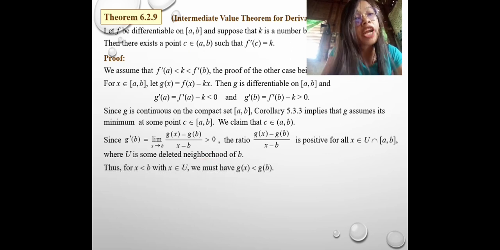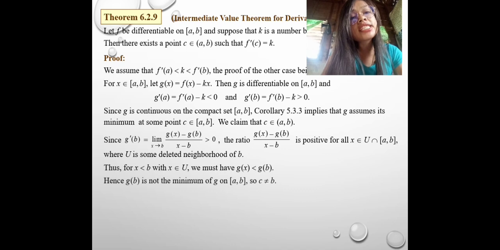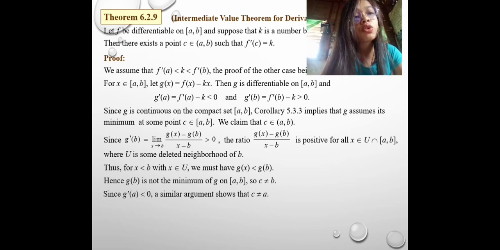Thus, for x less than b with x in U, we must have g(x) less than g(b). Hence, g(b) is not the minimum of g on [a,b]. So, c is not equal to b.